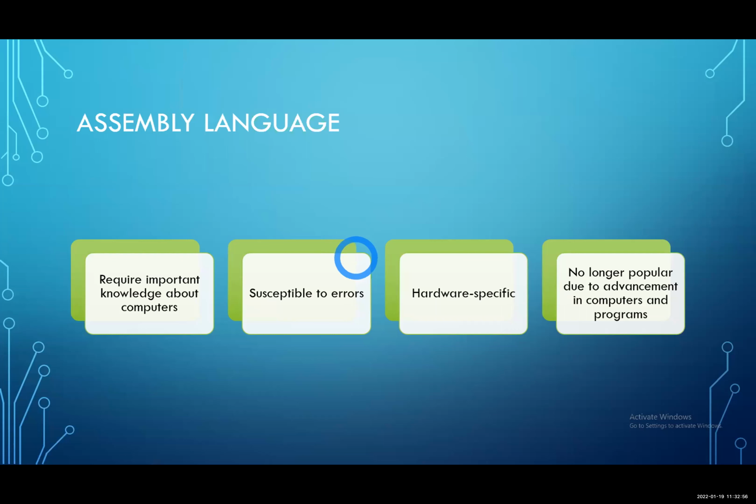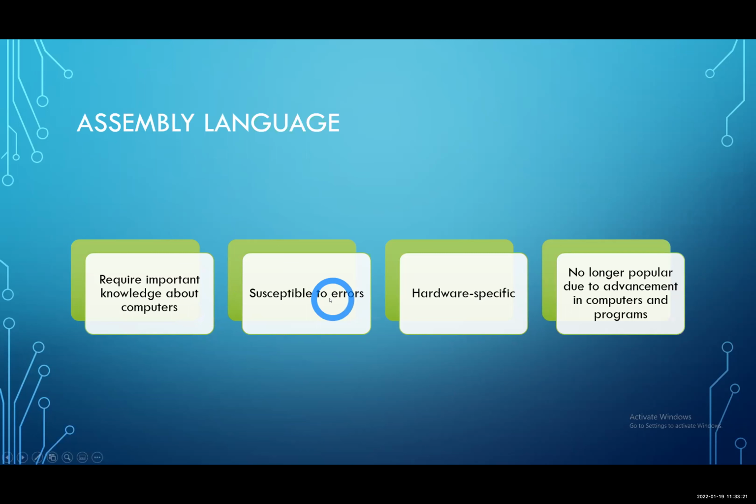All right, so what was the problem with assembly language? It required important knowledge about specific computers. You had to know what type of processor was in the computer, what type of RAM. And when I say type, not only the speed and whatnot, but also the manufacturer and what kind of standard they have.